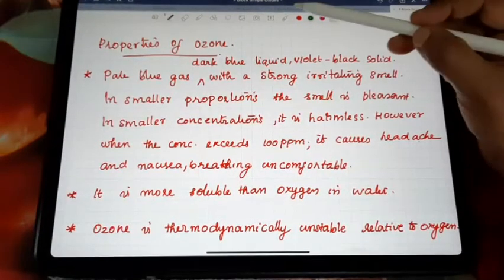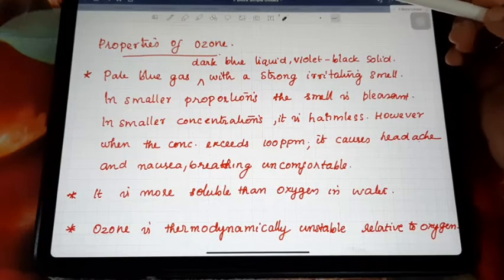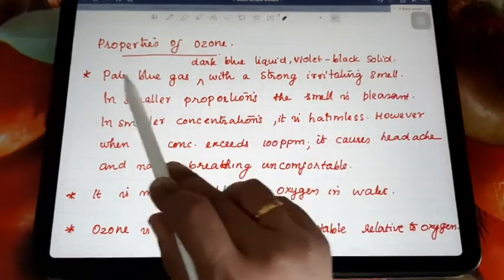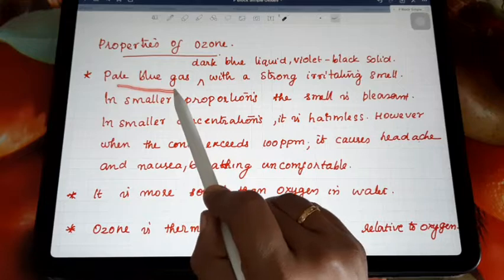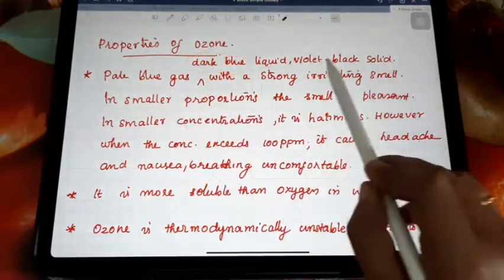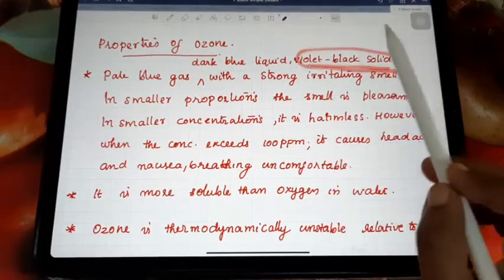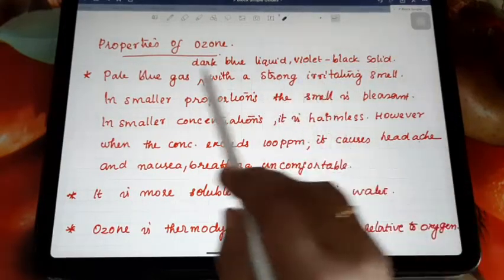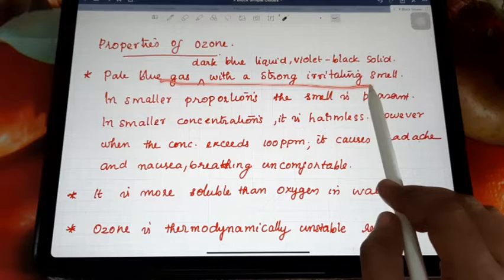Next one, properties of ozone. Ozone exists as a pale blue gas, in the liquid form it is dark blue, and in the solid form it is violet black. It has a strong irritating smell.